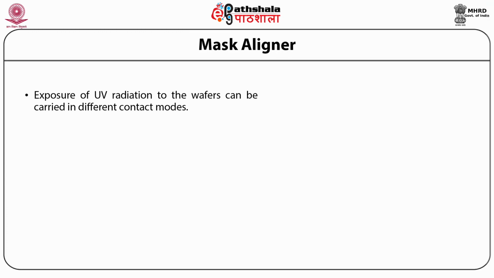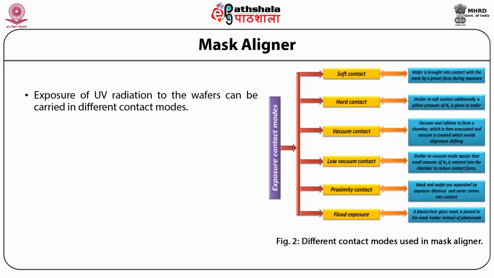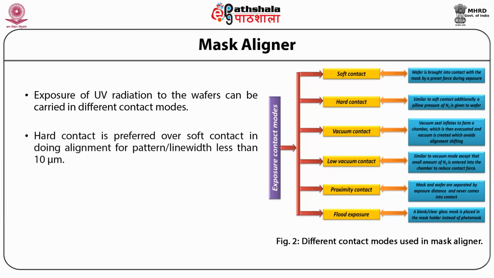Exposure of UV radiation to the wafers can be carried out in different contact modes as shown in the given figure. The figure shows the different contact modes used in mask aligner: soft contact, hard contact, vacuum contact, low vacuum contact, proximity contact and flood exposure. Hard contact is preferred over soft contact in doing alignment for pattern line width less than 10 micrometer.